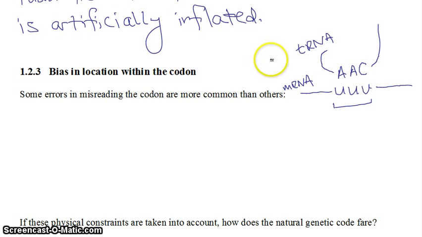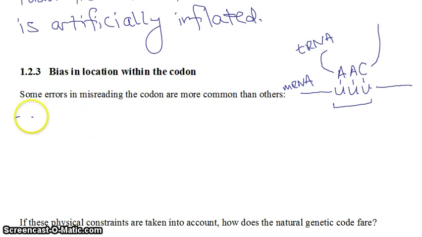Now the mismatching here in the mistranslation is going to occur more frequently in the first base of the anticodon, or maybe I should say in the third base of the codon, or in the first base of the codon, but very, very rarely would it occur in the second base of the codon.